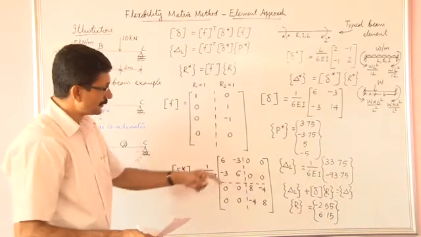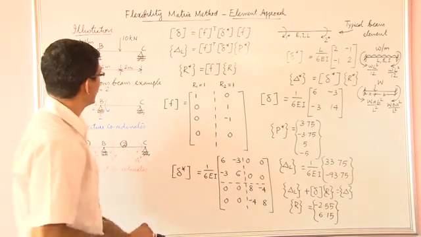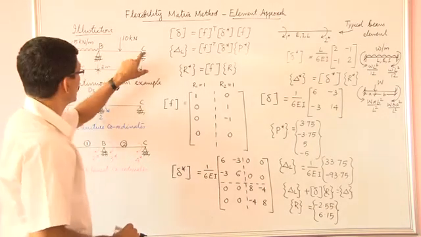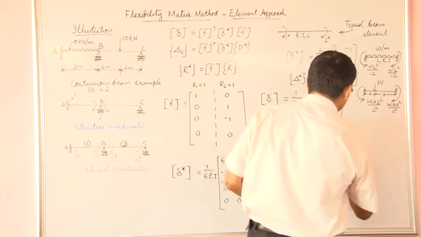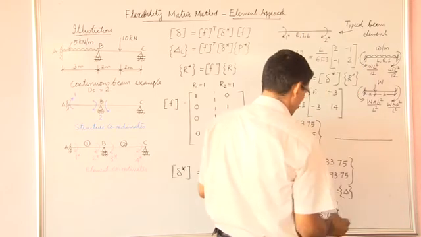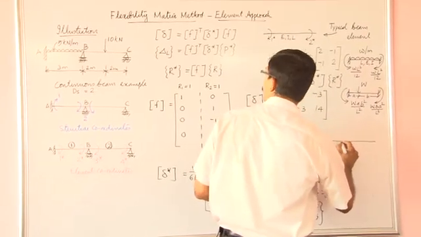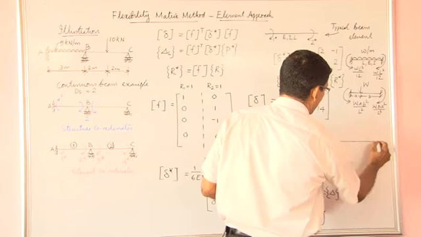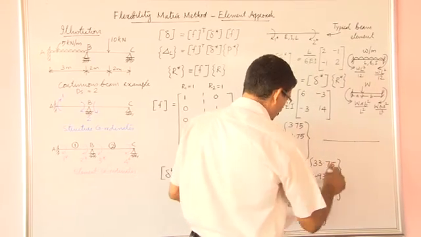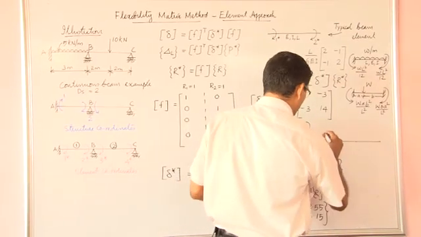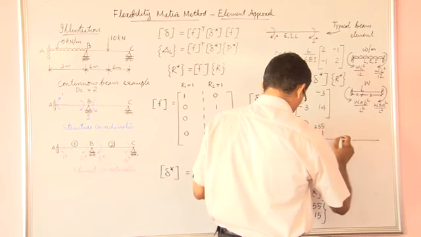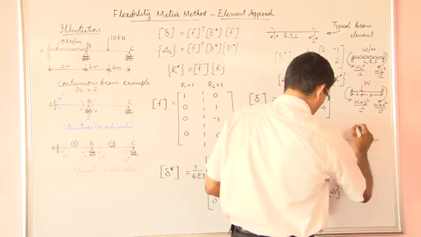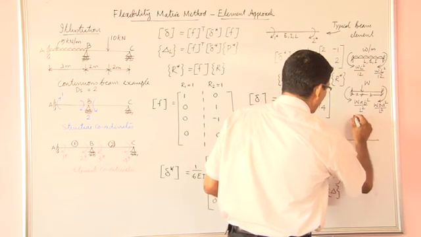And once you have the values of R, we can now find out the bending moment everywhere and draw the bending moment diagram. The BMD would look like this. This is 2.55. This is 6.15.